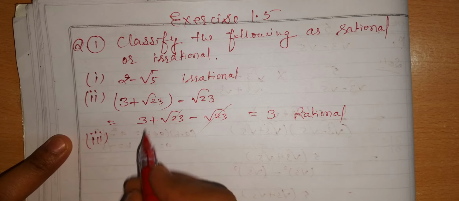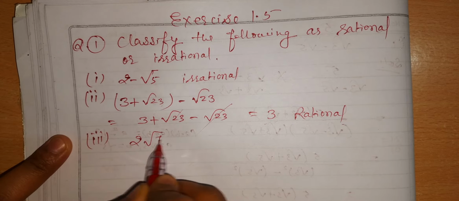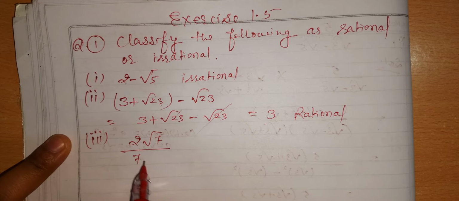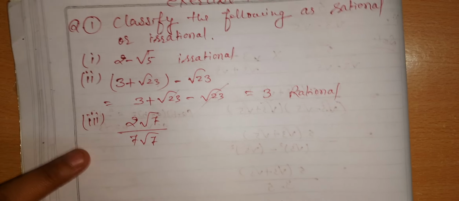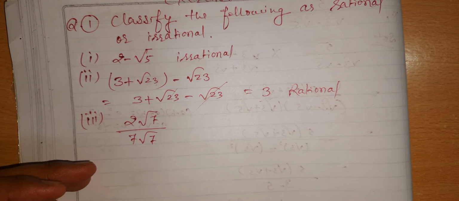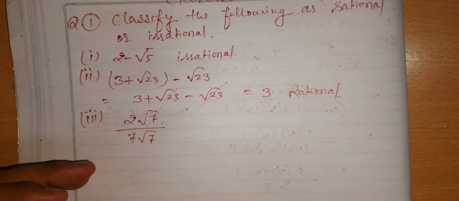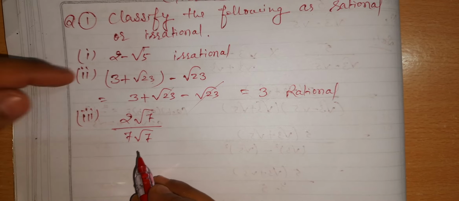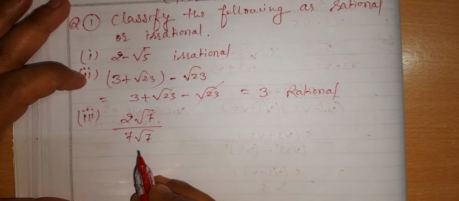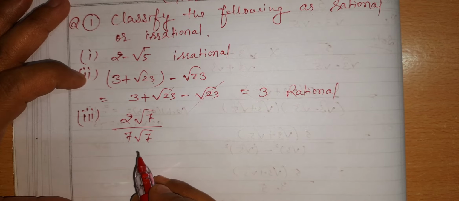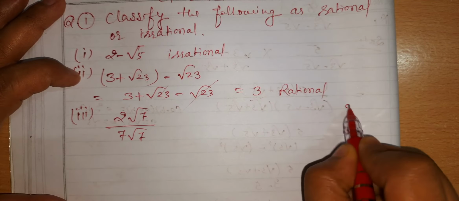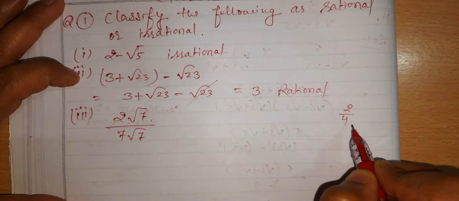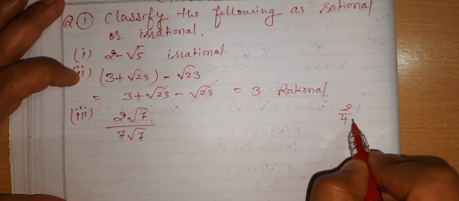Now the third one is 2 root 7 upon 7 root 7. When you see this question for the first time, you will find that it has a root, so it seems irrational. But as I said, always check whether the number is written in the simplest form. Suppose it is written 2 by 4; generally we don't write that, we write the simplest form.